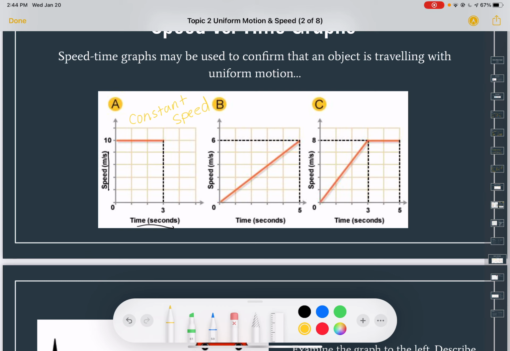Right, because they're keeping the same speed. They're going 10 meters per second over 3 seconds or however long. So flat lines on this are a good thing. It means that they're constant speed. The second one here, as time goes on, the speed is increasing. So we would say these people are speeding up.